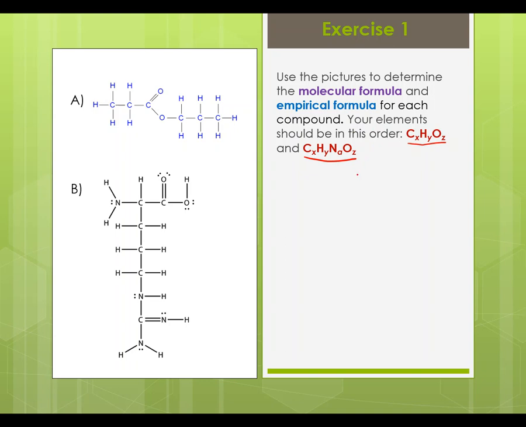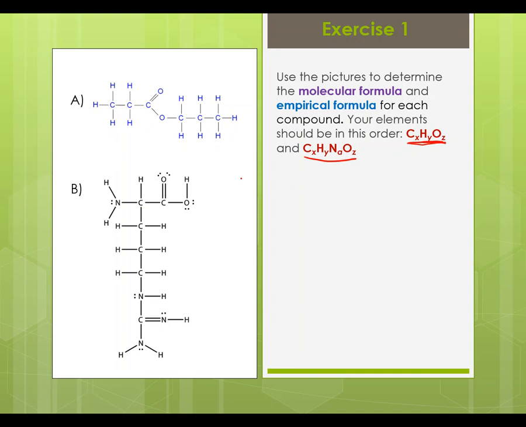So looking at A, how do I find the molecular formula for A up here? What do I have to do? I should start with which element? I need to start with carbon.